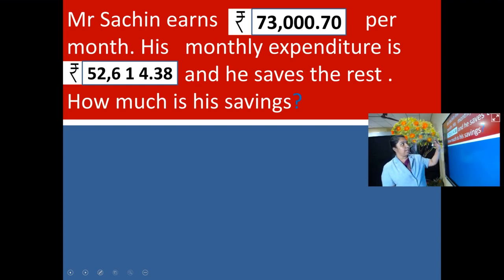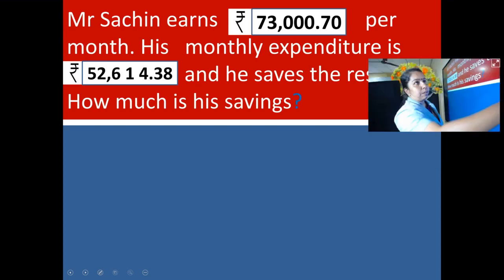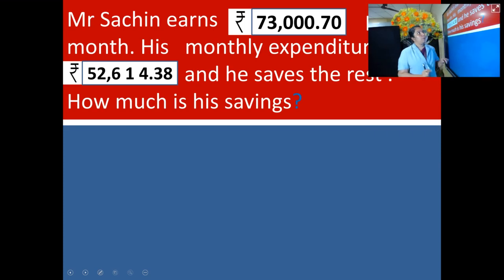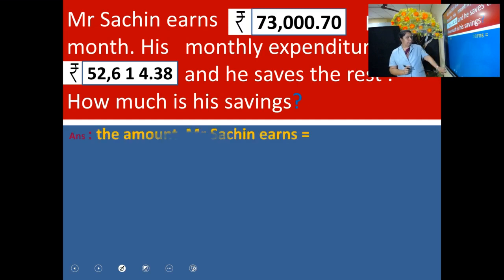So, how do you find out the savings? Yes, total is given there, expenditure is given there. Yes, very good. Do the subtraction, isn't it? You have to do the subtraction. So, what will be the first step? The amount Mr. Sachin earns.